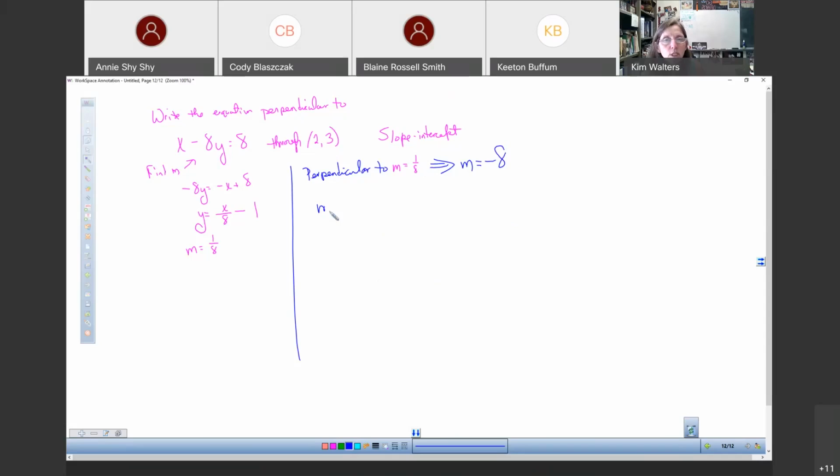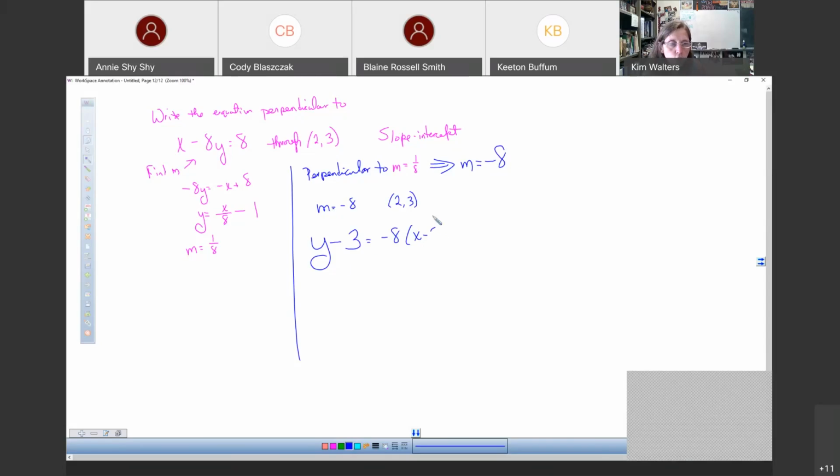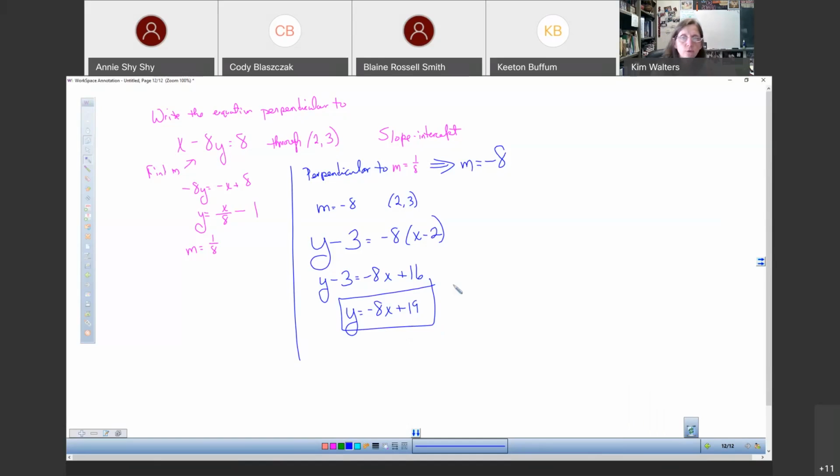Then we can use the slope of negative 8 and the point 2, 3. Start off in point-slope form: y minus 3 is equal to negative 8 times x minus 2, right? And y minus 3 is equal to negative 8x plus 16. Adding 3 to both sides, I get y is equal to negative 8x plus 19. And here we have our slope-intercept form for our final answer.